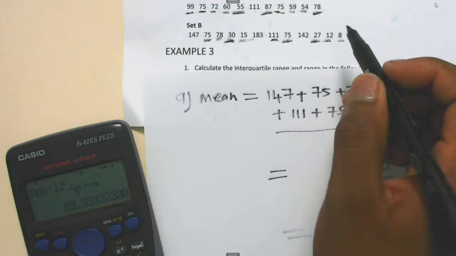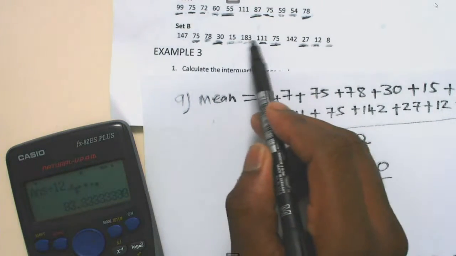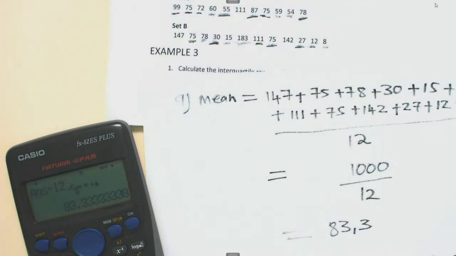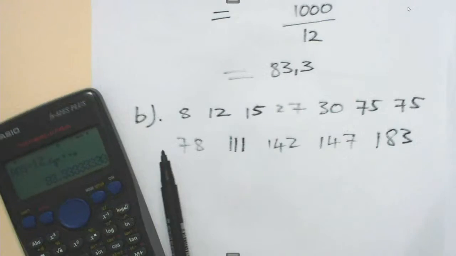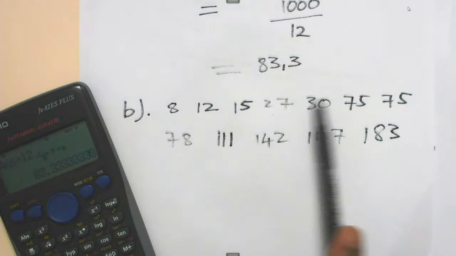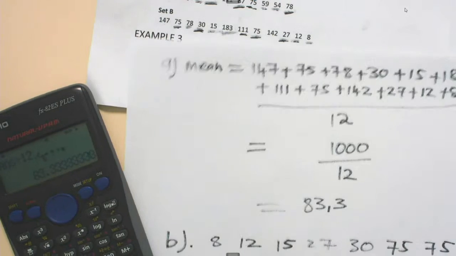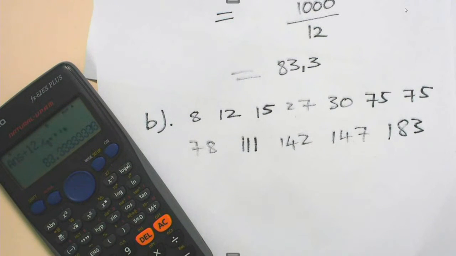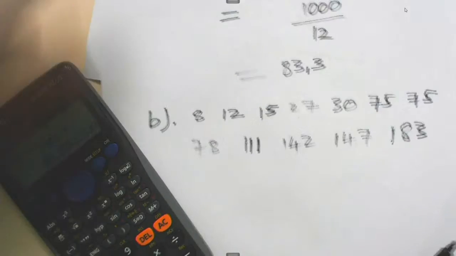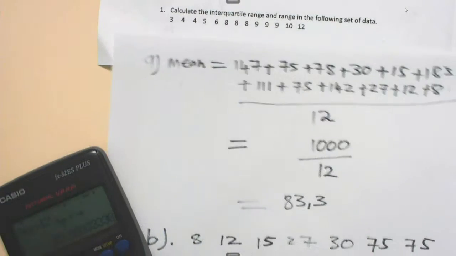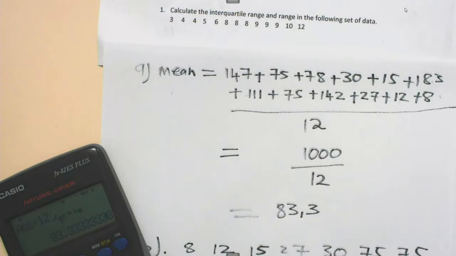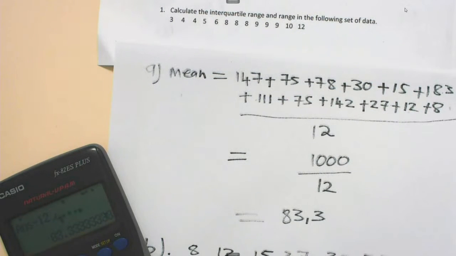So you see the importance, learners, of always verifying your data. After arranging your data, always count how many values you have, so that you can be 100% sure that the numbers you've arranged correspond to the values in your data set.